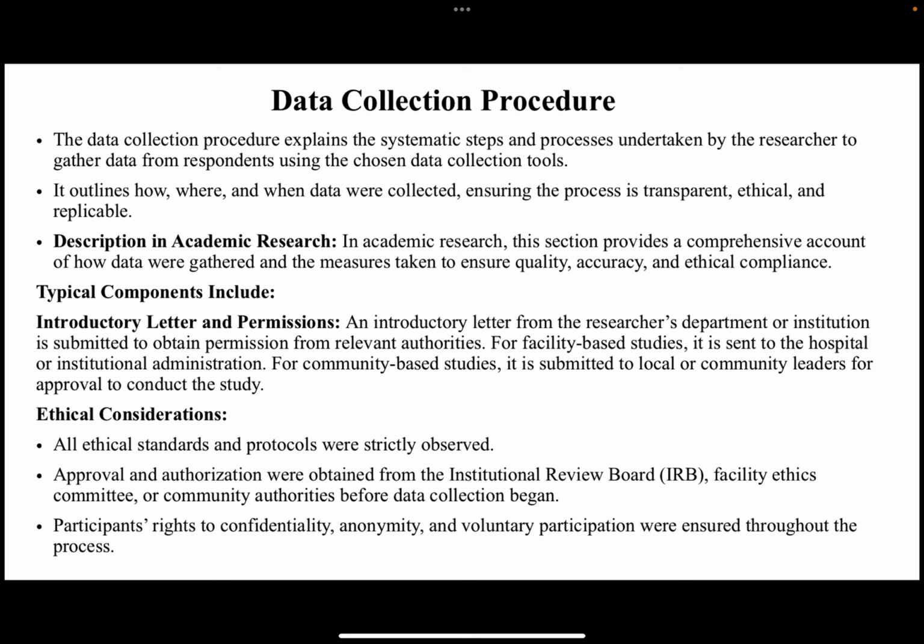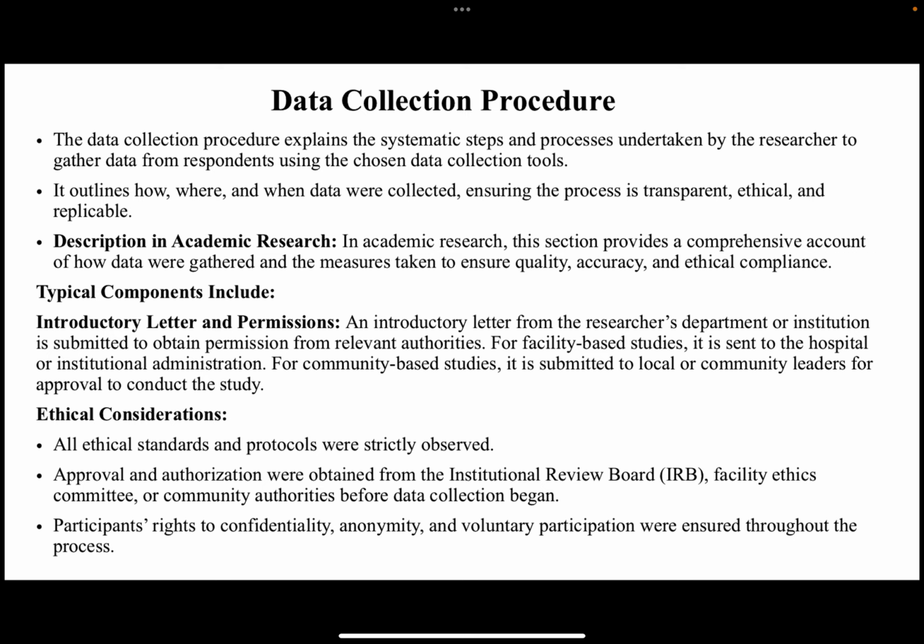Okay, again, you would also need a permission letter from the facility. So in describing the data collection procedure, you have to also talk about the fact that you have received or obtained permission from relevant authorities within the facility or at the hospital where you are conducting the study. You've been given the permission.